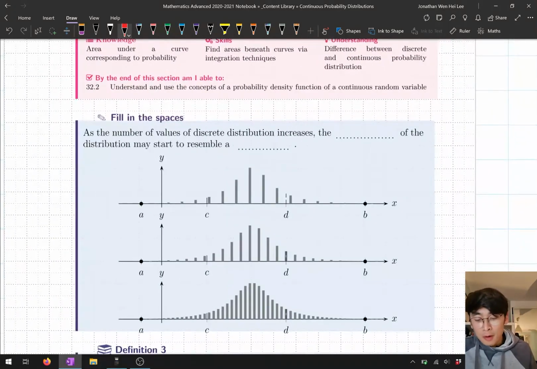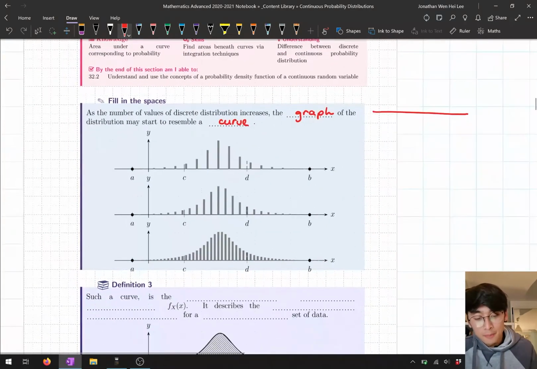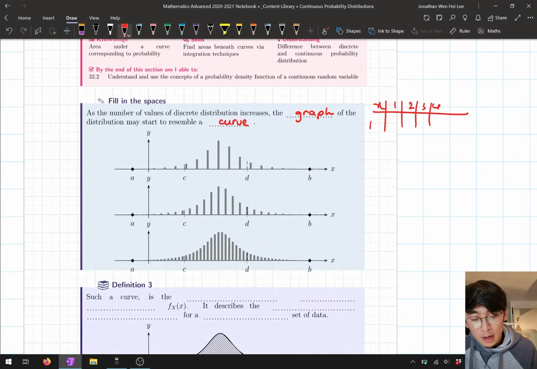As the number of values in the discrete distribution increases, the graph of the distribution starts to resemble a curve. With our discrete probability distribution, we listed out the different outcomes for an event, and they had different probabilities.